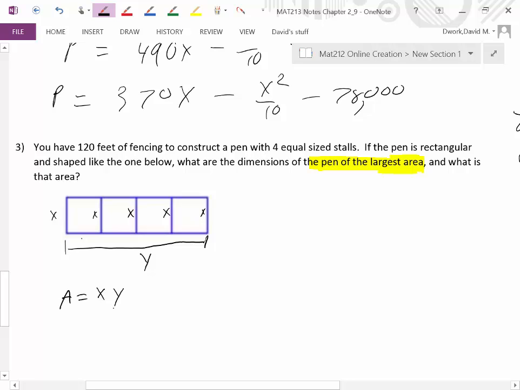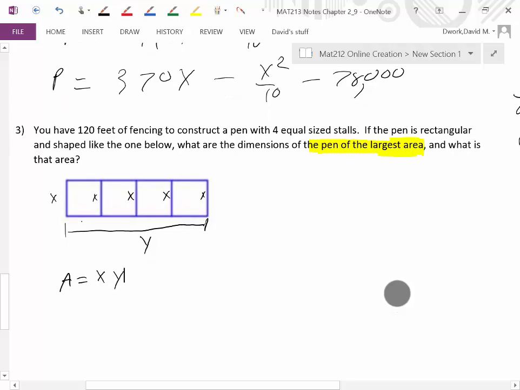Now, I don't know how to do the derivative yet if there are two variables. So instead, let's see if we can come up with another equation. Is there some other equation that relates x's and y's? Well, yeah, because we know we have 120 feet of fencing. If I add up all my x sides, how many sides are there? There's 1, 2, 3, 4, 5 x's.